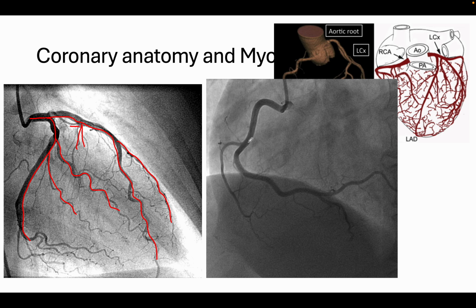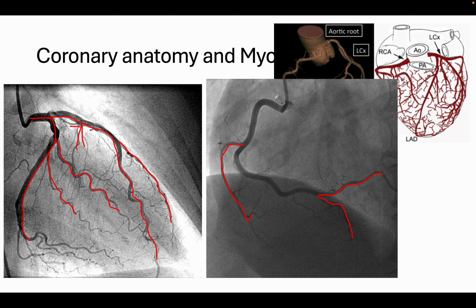It also has other branches which you may be expected to know. This example shows a lovely acute marginal branch. And if we carry on distally down the vessel, we can see these two branches here. This one here is called the posterolateral branch, and this one is called the posterior descending artery, or the PDA.